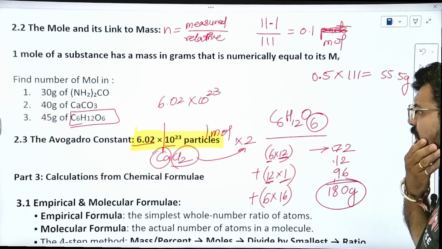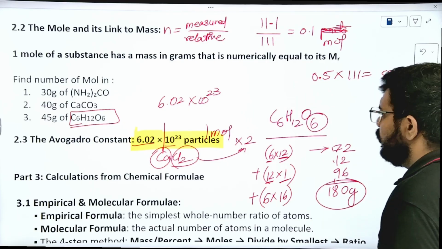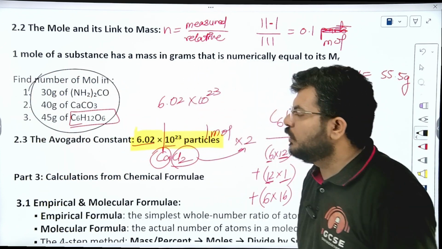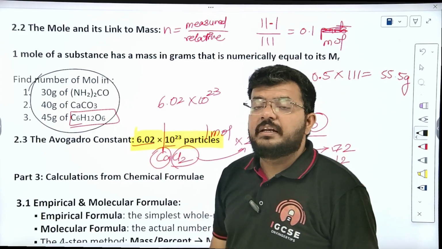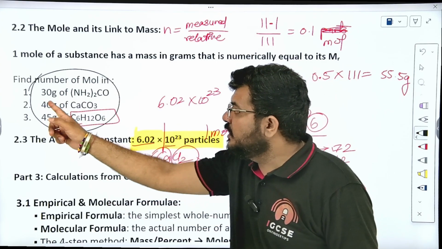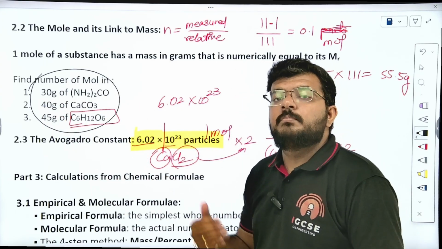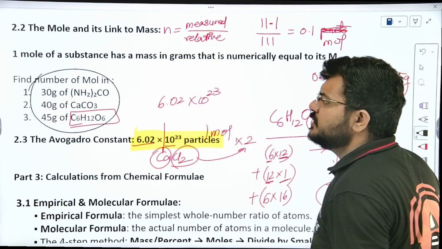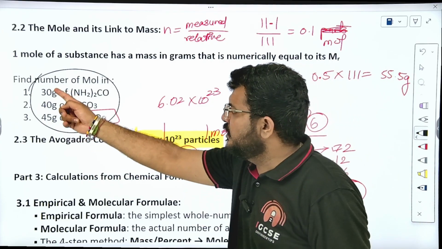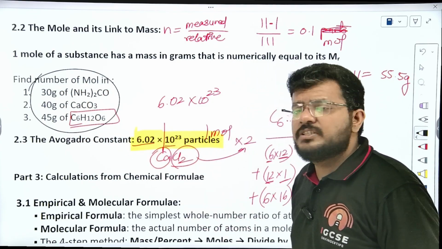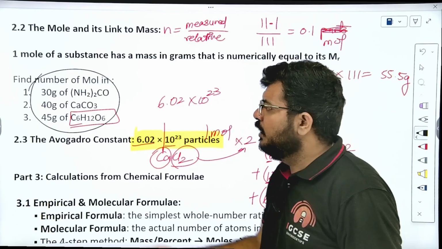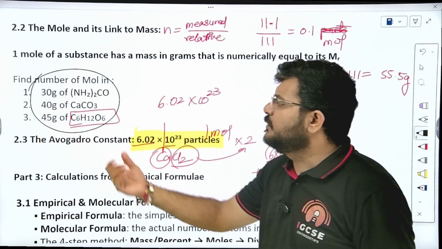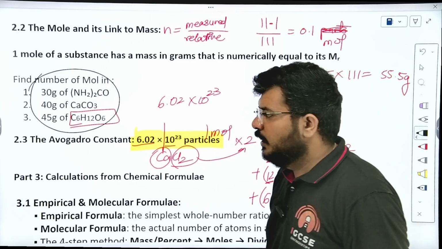Okay? If that is clear, can you do these things? I have already taught you how to find the relative mass. This 30 gram is the measured mass, right? We were using the formula measured mass upon relative mass is the number of moles. This 30 is the measured mass of this NH2 twice CO, 40 is the measured mass of CaCO3 and 45 is the measured mass of C6H12O6.